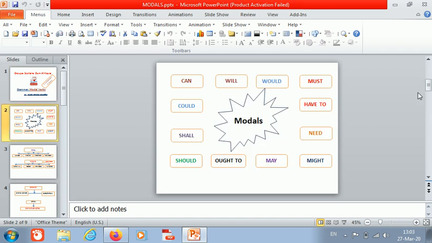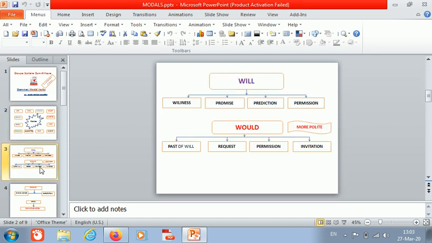Here, as you can see, we have modals: must, would, will, can, could, shall, should, ought to, may, might, need, have to, and so on. Now I'm going to start dealing with them one by one.